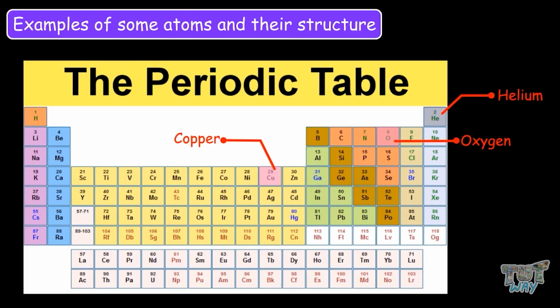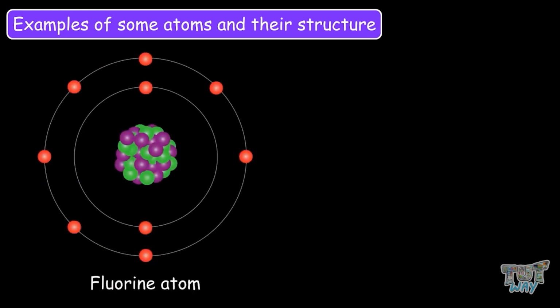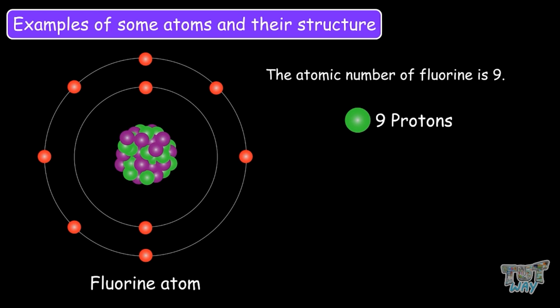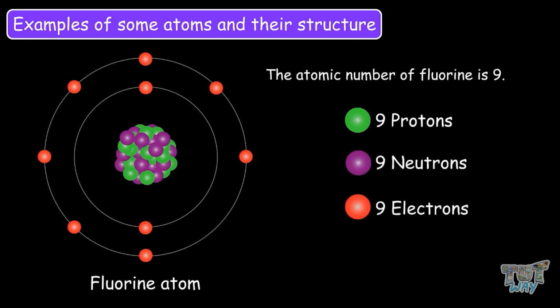Now, let's have some more examples of atoms and their structure. This is the fluorine atom. The atomic number of fluorine is 9, which means it has 9 protons and 9 neutrons, and 9 electrons revolving around it in the electron cloud.